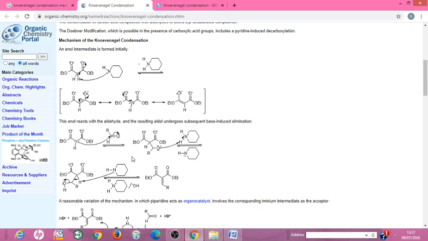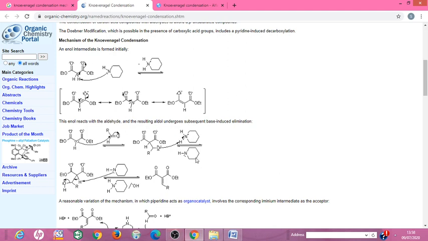Hence this ion is known as the alkoxide ion. This alkoxide ion, the negative charge present on the oxygen atom, abstracts the proton from the piperidinium ion.